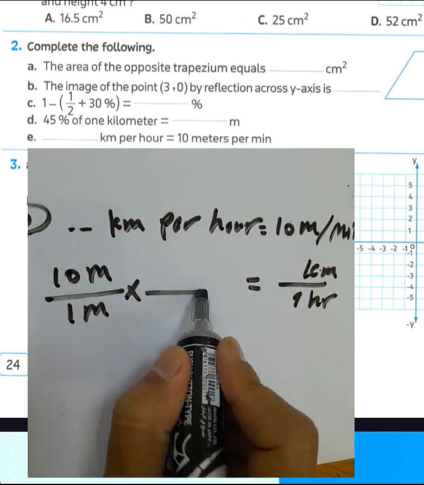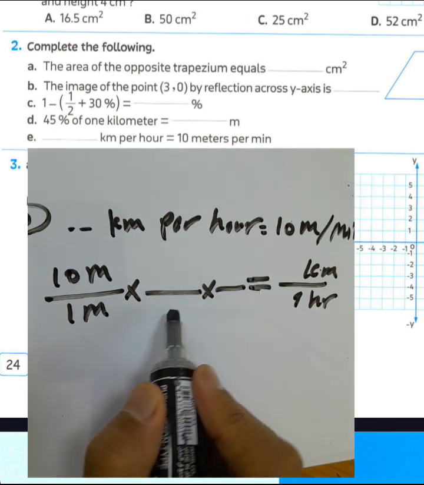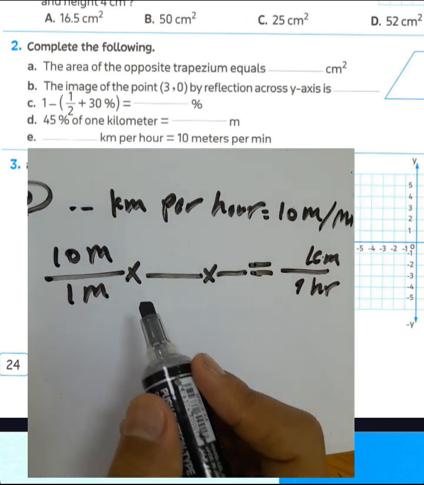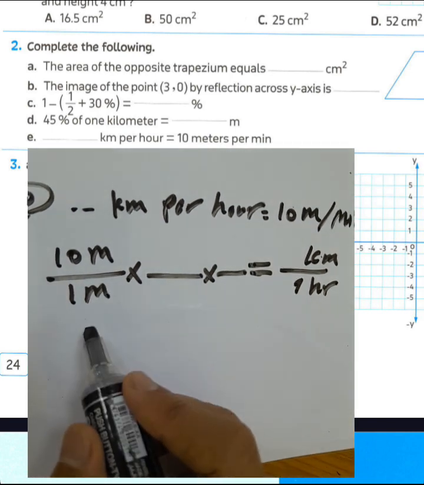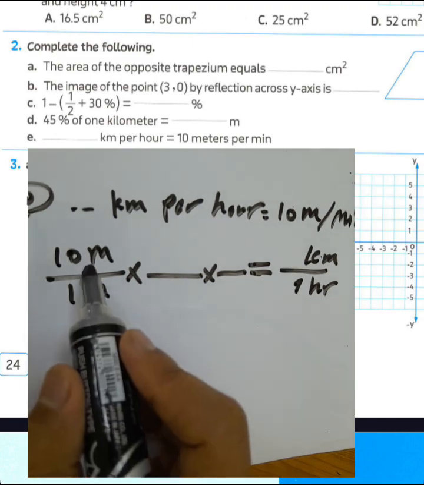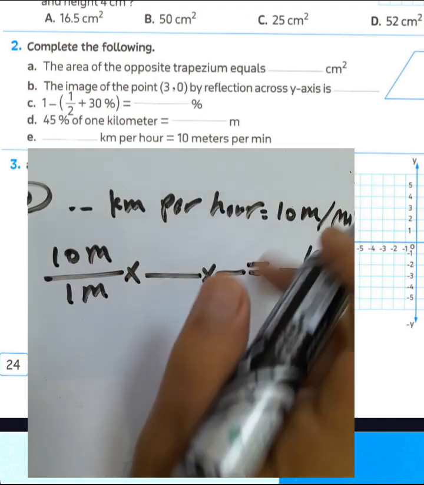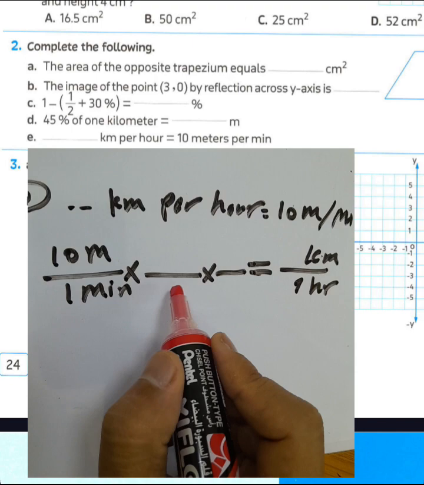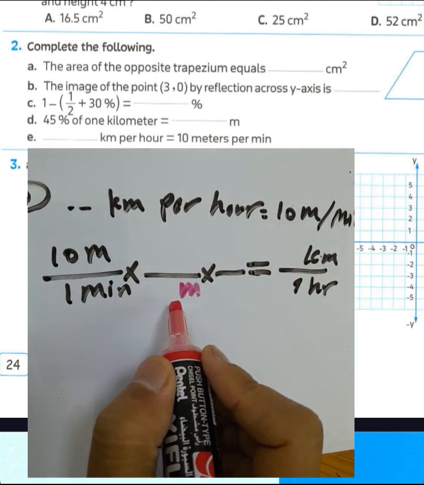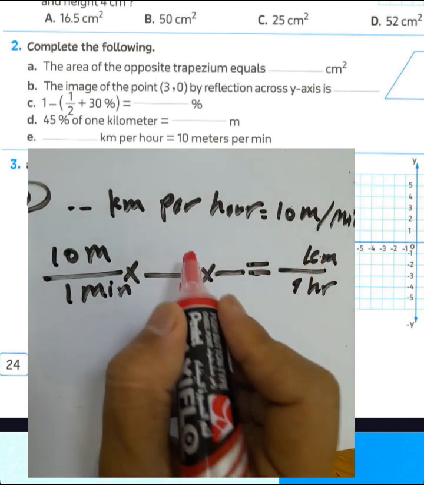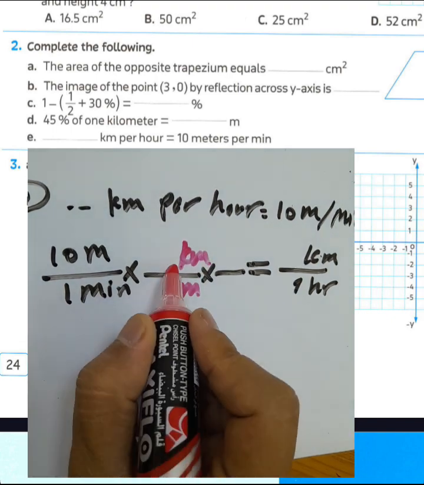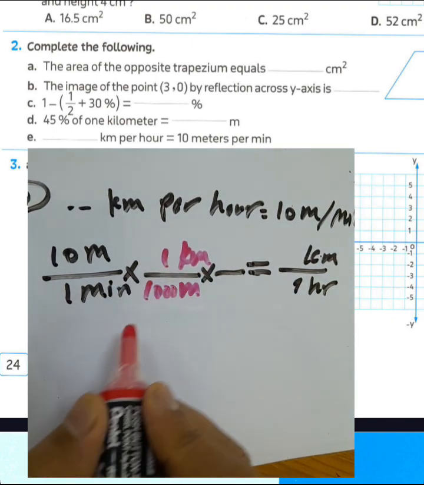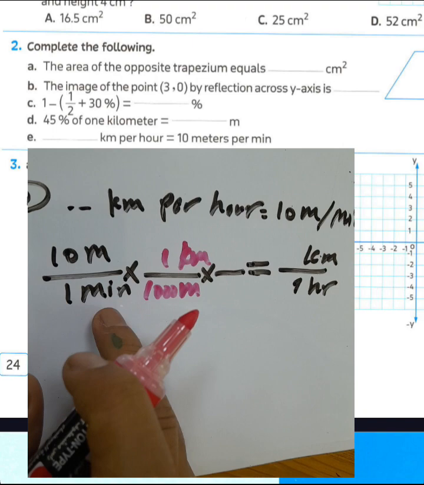We have two conversions here. First, we can cancel the meter. To cancel meter, you must write meter down, and the new unit kilometer up, and we have 1 kilometer equals 1000 meters.